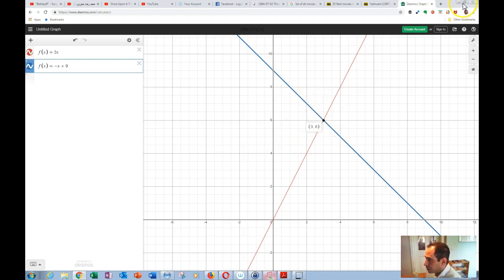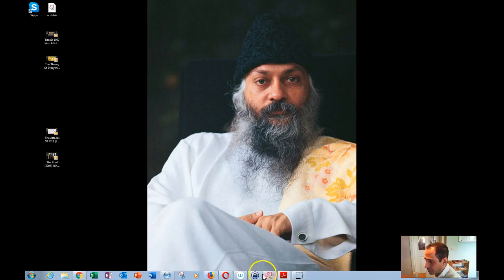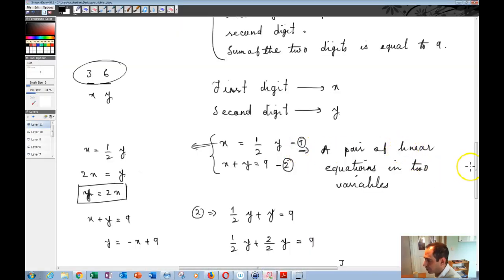And that way you can also solve the problem, see where your solution is. So that's basically what a pair of linear equations in two variables is, and how you can solve it. Of course, there are many other, algebraic ways to solve these equations.